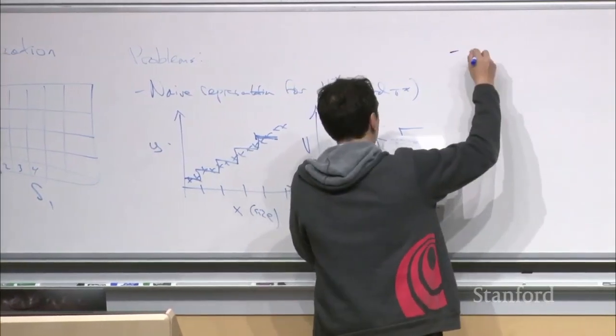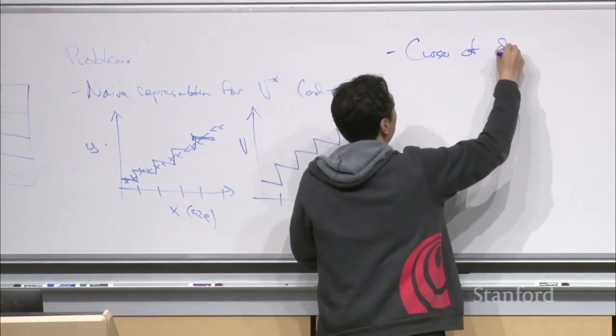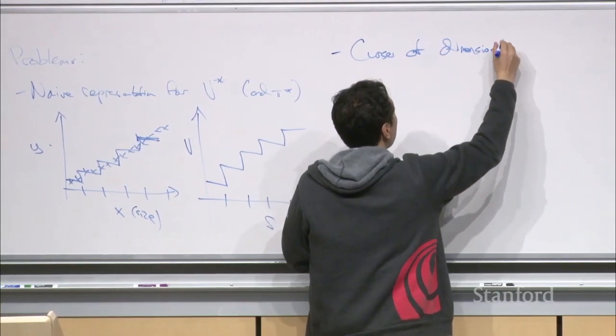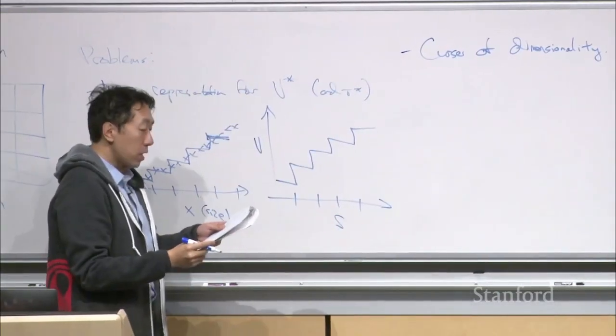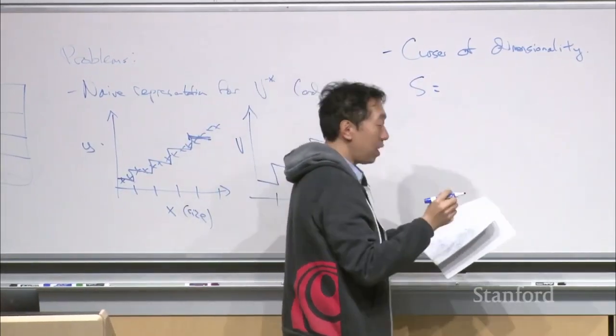And the second downside is the dimensionality. Right, somewhat fancifully named the curse of dimensionality, which I think Richard Bellman had given this name.